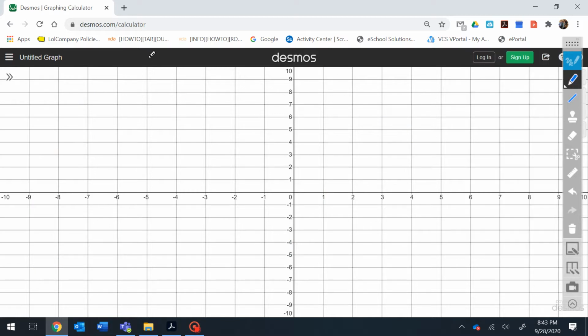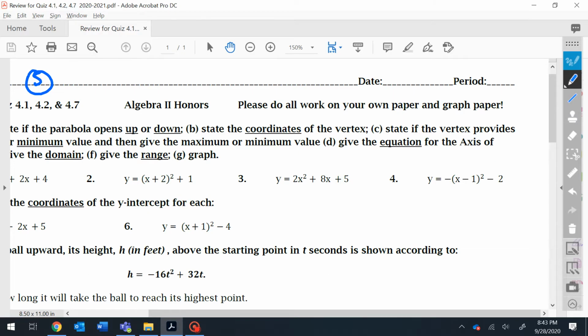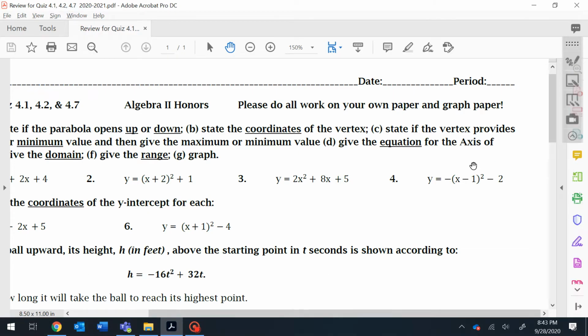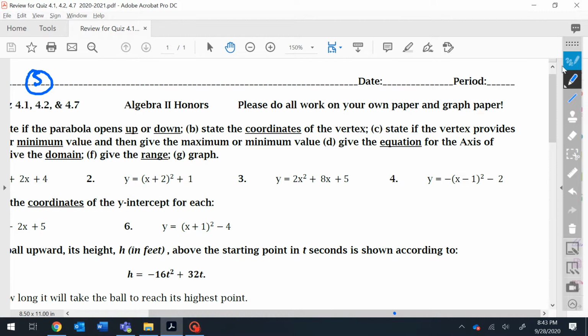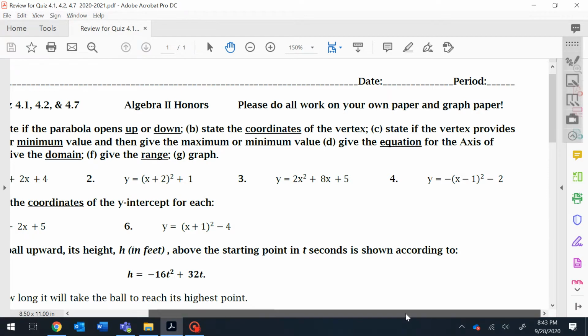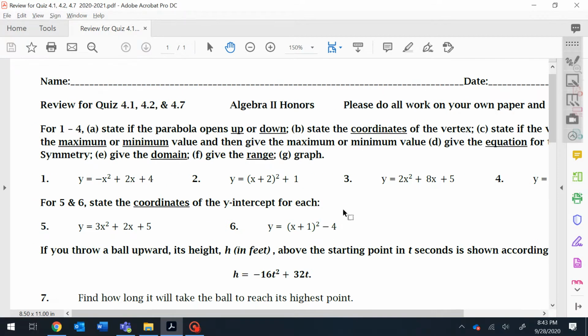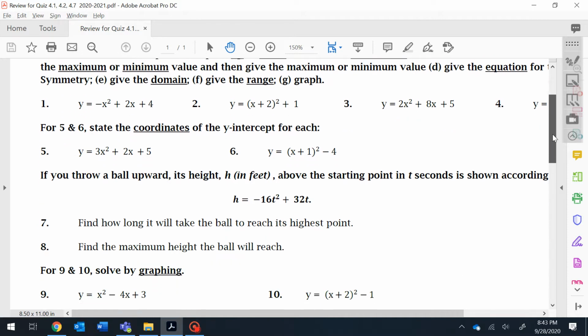Number 5. State the coordinates of the y-intercept for each.